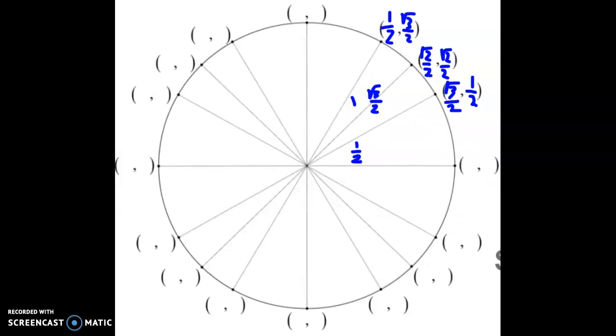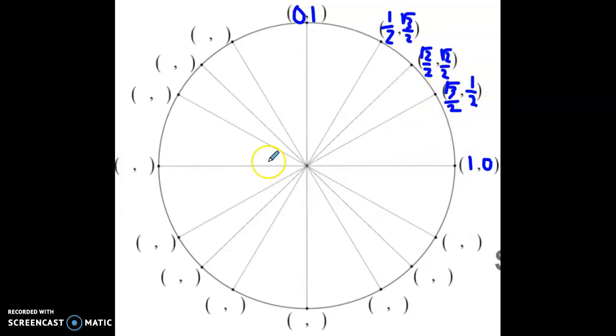Then we can also look at it and recall what is the value of the point at the 0 terminal. If you remember, that was 1, 0. And for the point at the 90-degree, it was 0, 1. Now, what I want you to do is go ahead and fill out all the rest of these, because you've got all the values that you need right here.